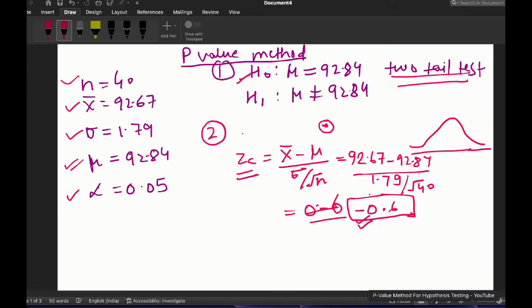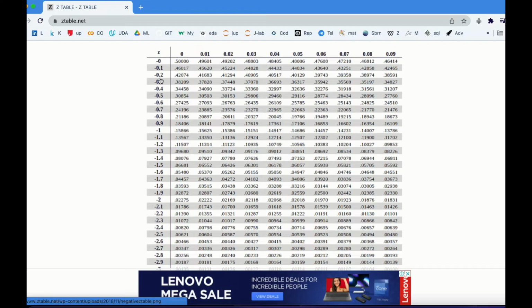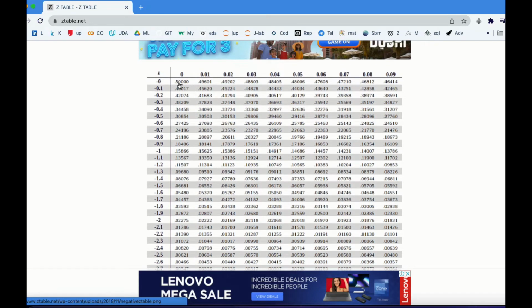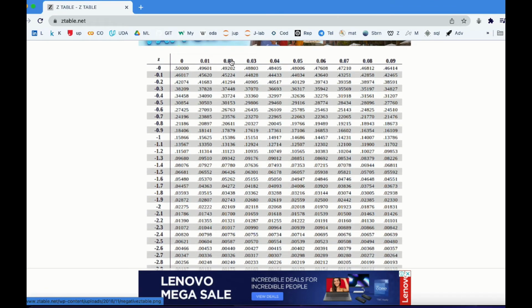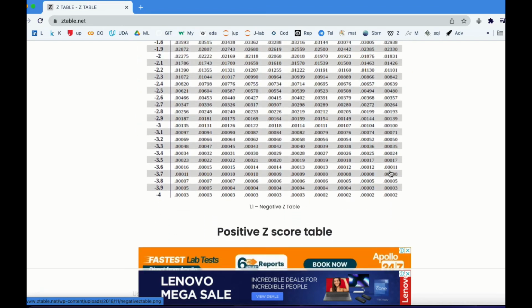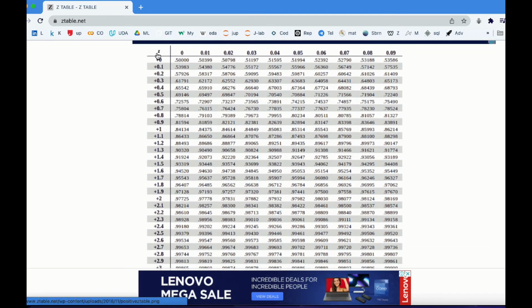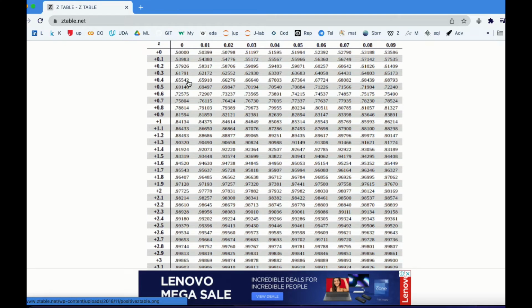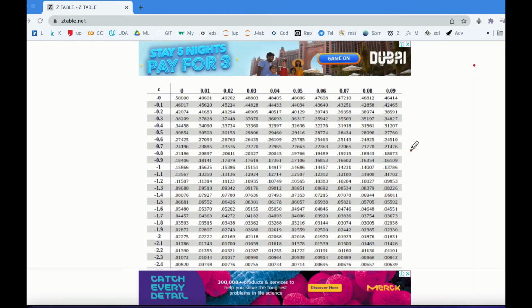In the z table, if the value is negative, the area starts from 0.5 and goes down to 0.0. 0.5 means it's the middle line, and at the far negative end it will be 0.000. And if we see the z value positive, the area starts from 0.5 and goes up to 0.999.